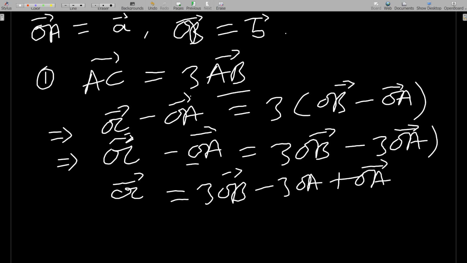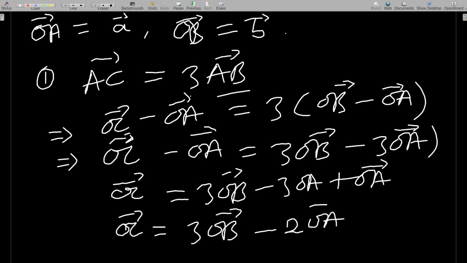I just took this OA to the other side of the equation. So OC should be equal to 3OB minus 2OA. Now what we have to do is just plug back OB and OA. They are given as small a and small b. I hope you understand.